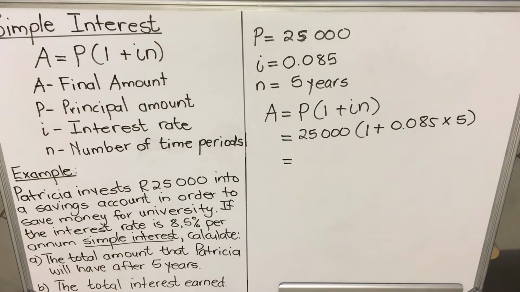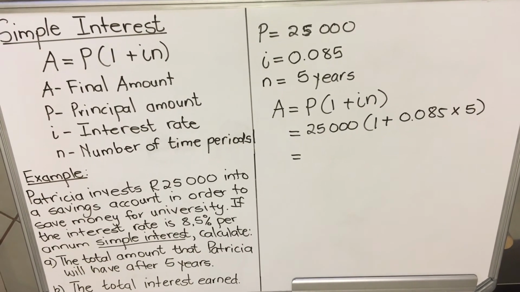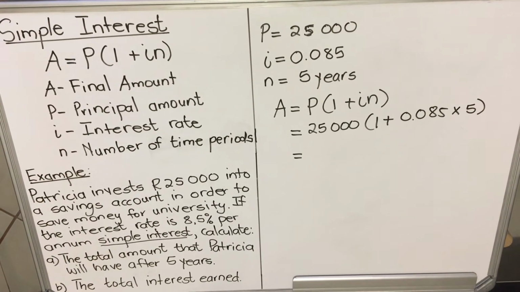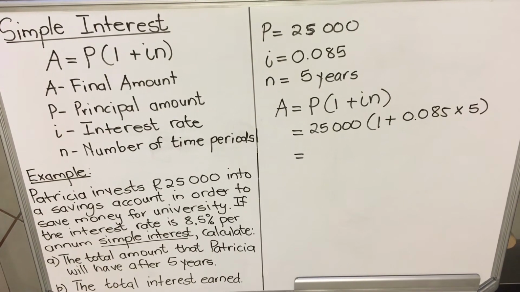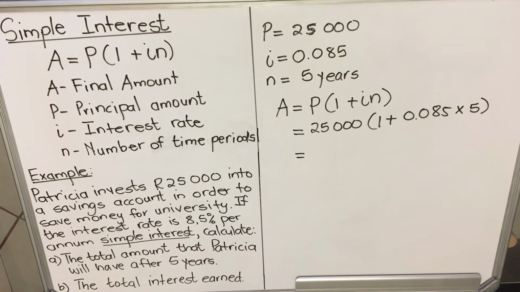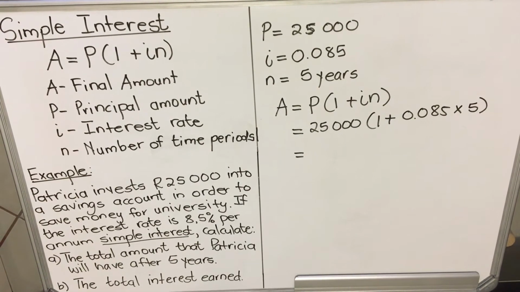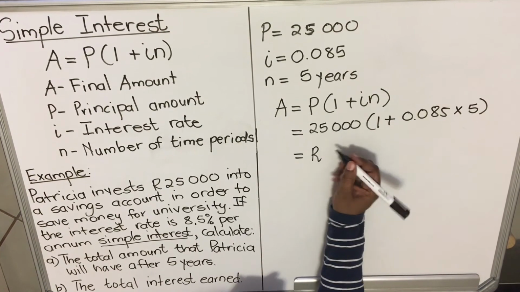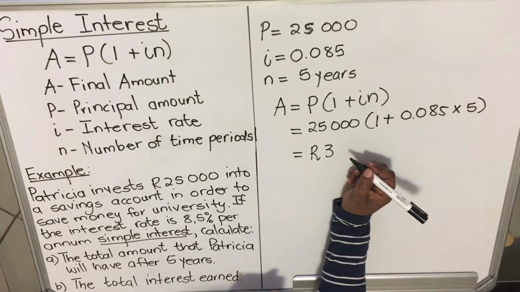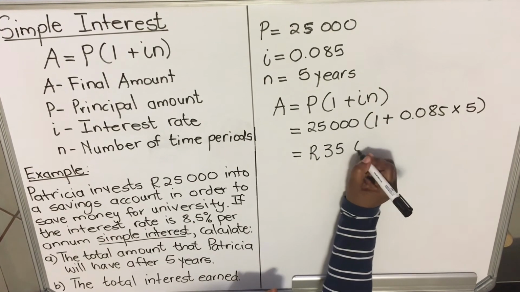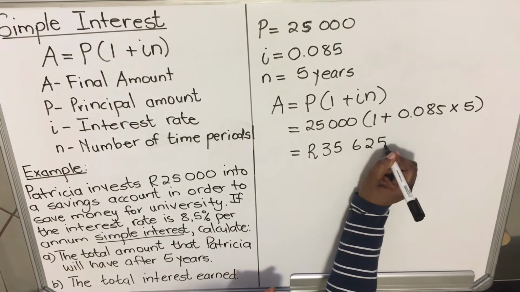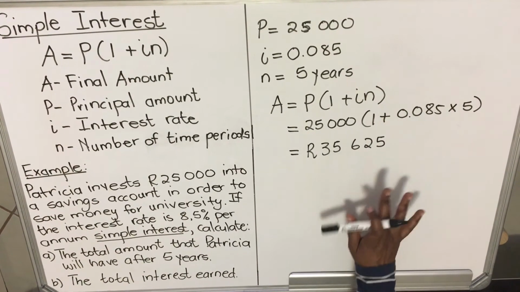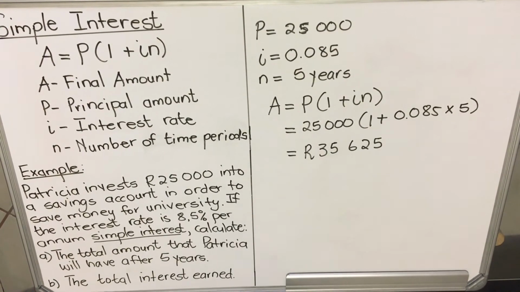Then you punch it in your calculator: 25,000, open bracket, 1 plus 0.085 multiplied by 5, close bracket, and your answer is that at the end of 5 years you'll have 35,625. This is how you calculate. Here you don't make too many steps, you don't get marks for that. You punch everything into your calculator and get the answer.